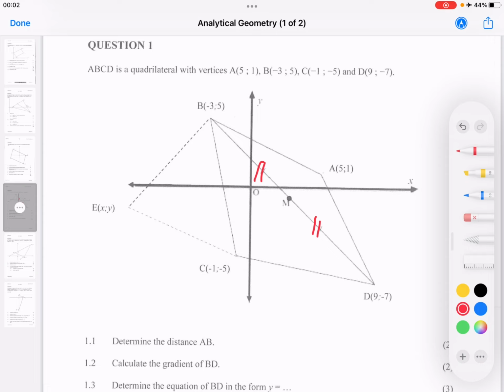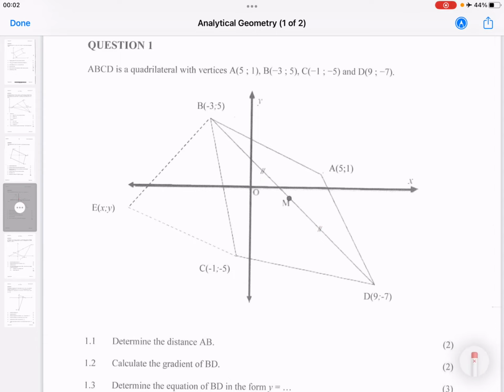I think all that we can see is enough for us to be able to start looking at the questions and see how far we can go.